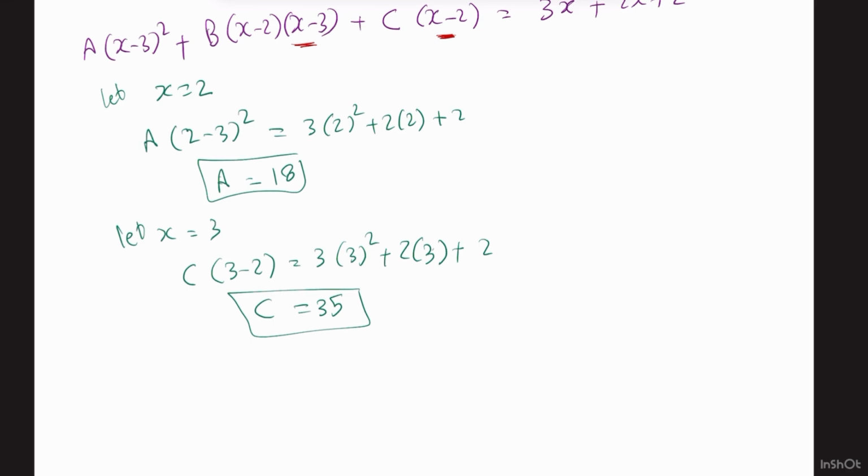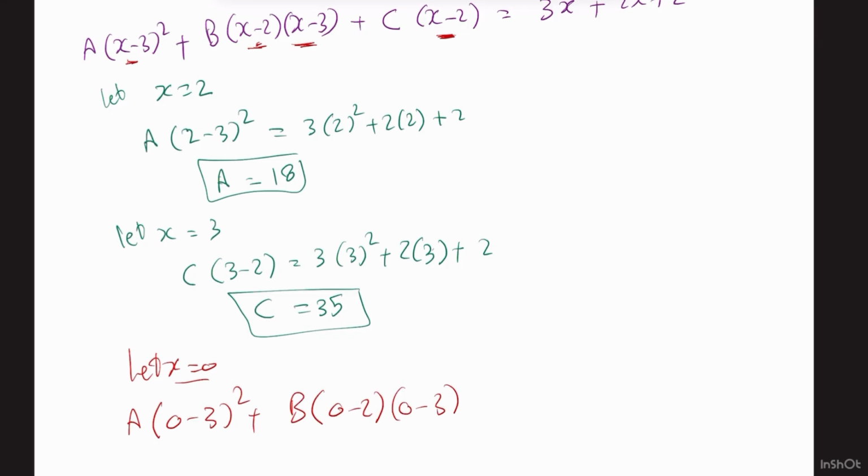To do that, let x equal to 0, because actually we don't have another bracket to make it equal to 0. So let x equal any number other than 2 and 3, like 0. So here we have A multiplied by 0 minus 3 all power 2, plus B times 0 minus 2, 0 minus 3, plus C times 0 minus 2, is equal to 3 times 0 power 2 plus 2 multiplied by 0 plus 2.